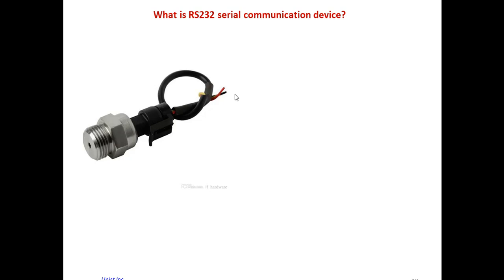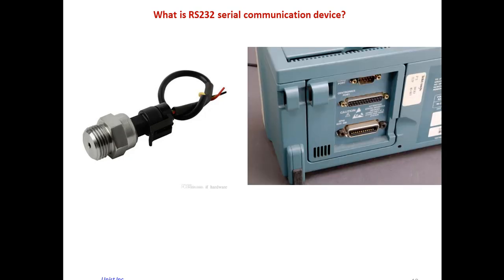But sometimes you have an instrument that doesn't have this kind of cable, like the voltage or the current, and your instrument has these kinds of pins. This is a digital signal. That means it's sending 0 or 1, like bits, at a time. If you have an instrument that has these pins, this is the serial communication device. So in today's video, we're going to talk about the serial communication device, and later we're going to talk about instruments that can send voltage or current signals, or analog signals.